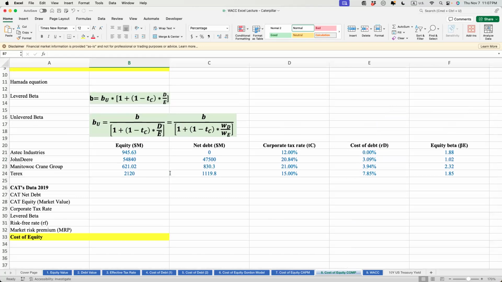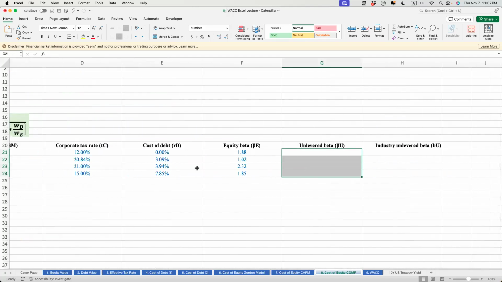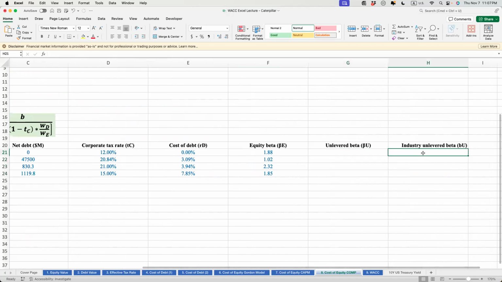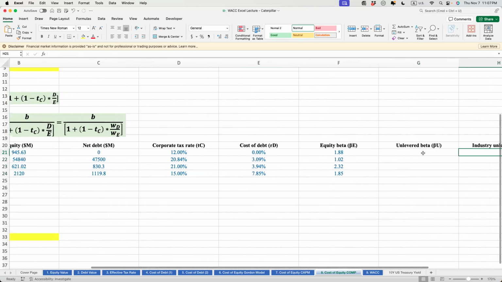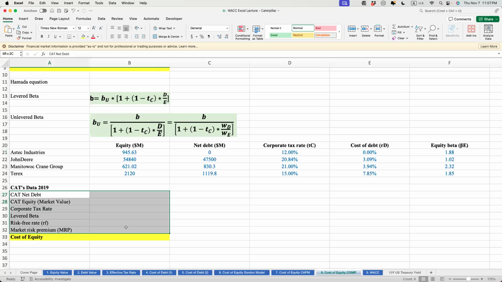Now we just need to calculate the unlevered beta for our competitors, take an average to derive the industry unlevered beta, and then re-lever the beta using our company's, Caterpillar's, data. And then we plug into the capital asset pricing model to calculate the cost of equity.